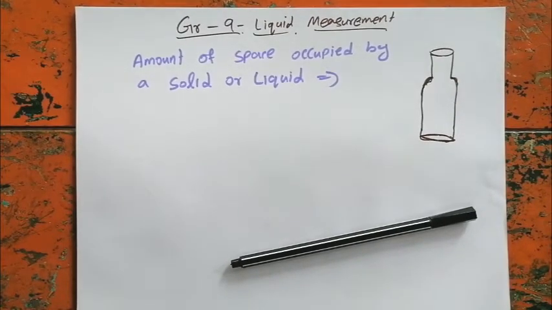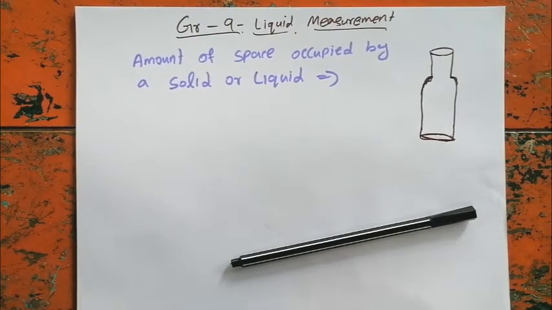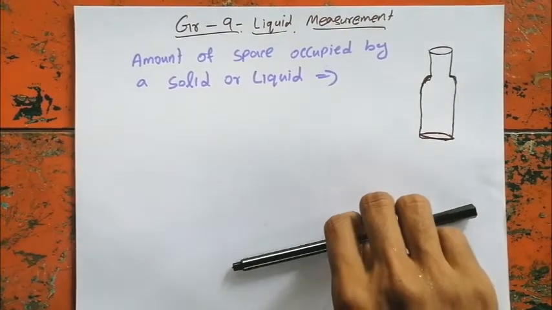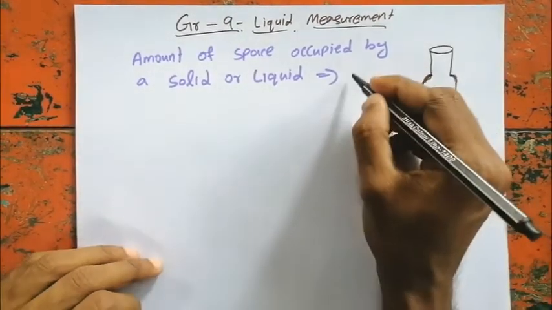Okay, first, if we define volume, what is volume? Define means we have to understand what is volume. The amount of space occupied by a solid or a liquid, we can call it its volume.